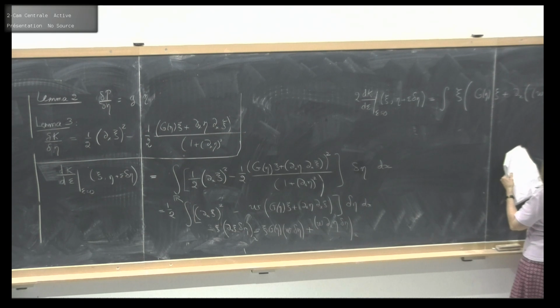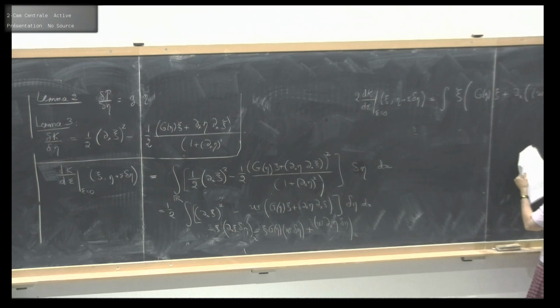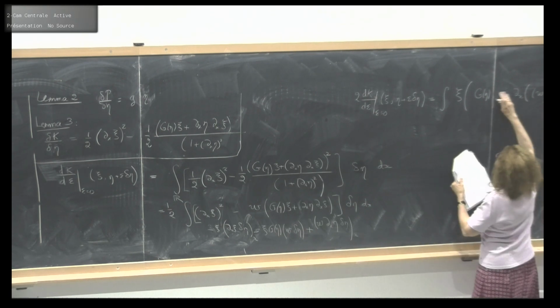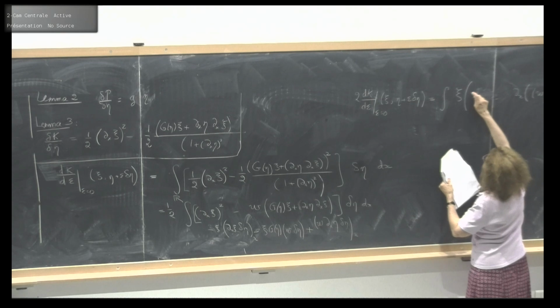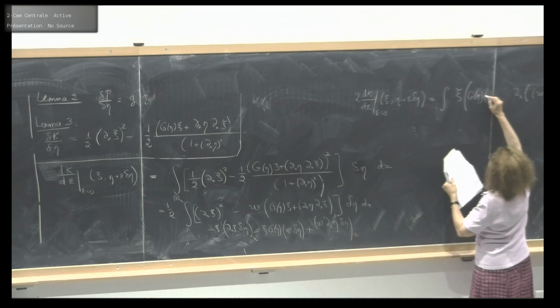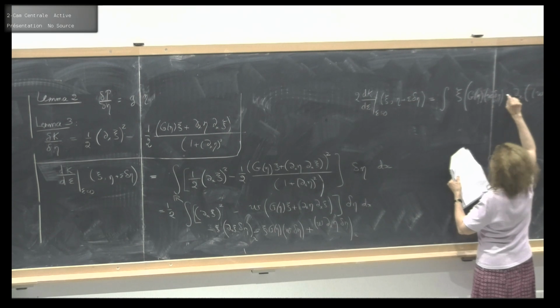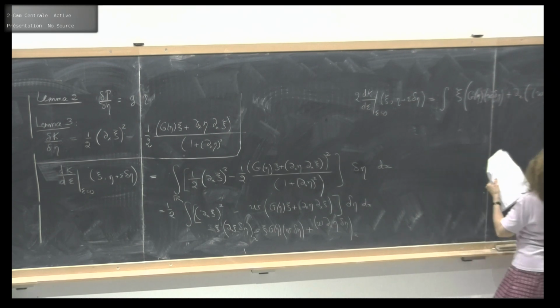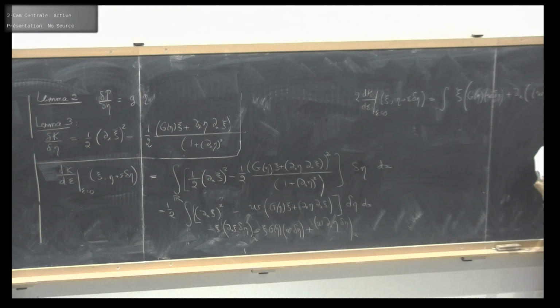So xi, this multiplied by d eta. Sorry, I just have to write it correctly. W. Okay, so please check with me that it is correct.